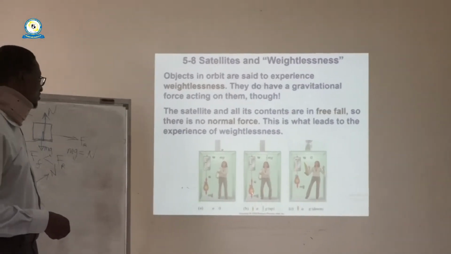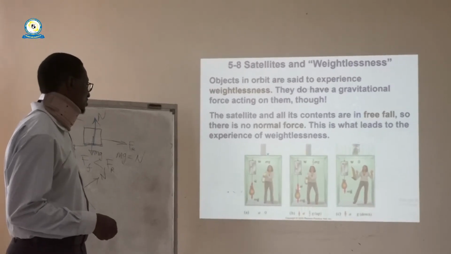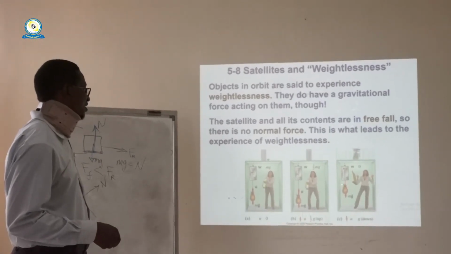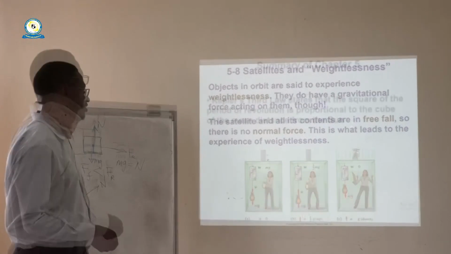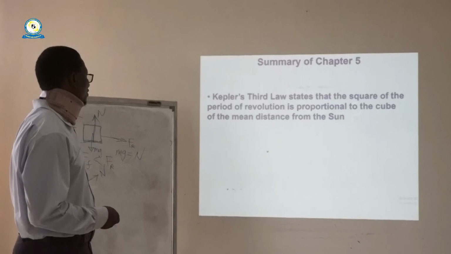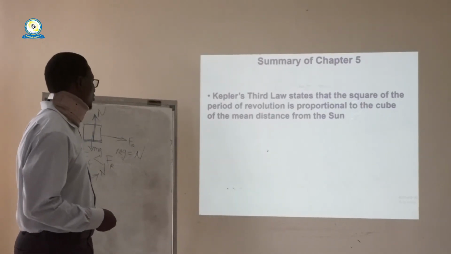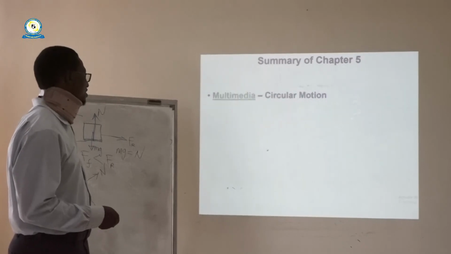No normal force here. This one is normal force, this one is normal force. Here no normal force, only weight force. Kepler's third law states that the square of the period of revolution is proportional to the cube of the mean distance from the Sun.